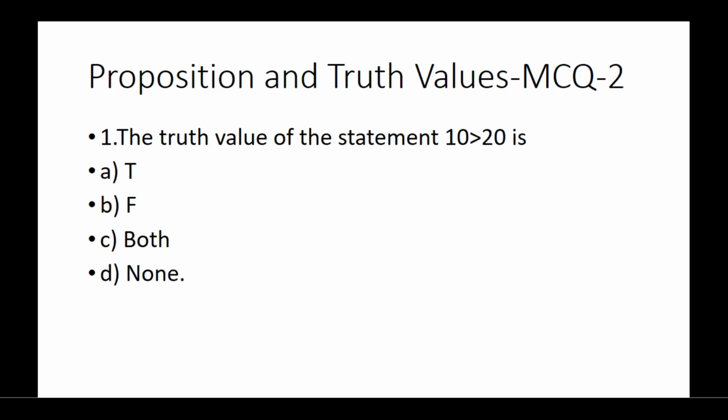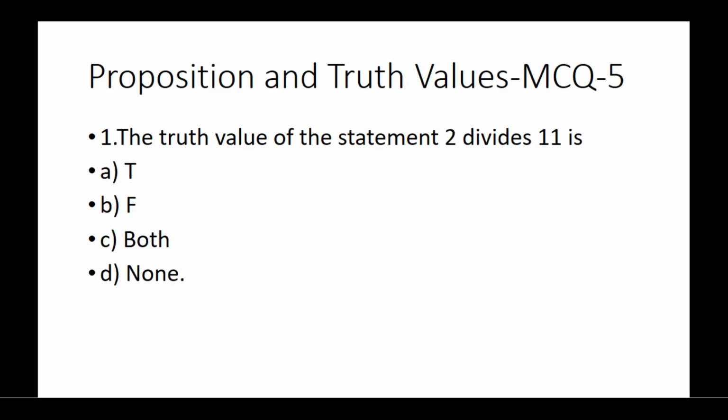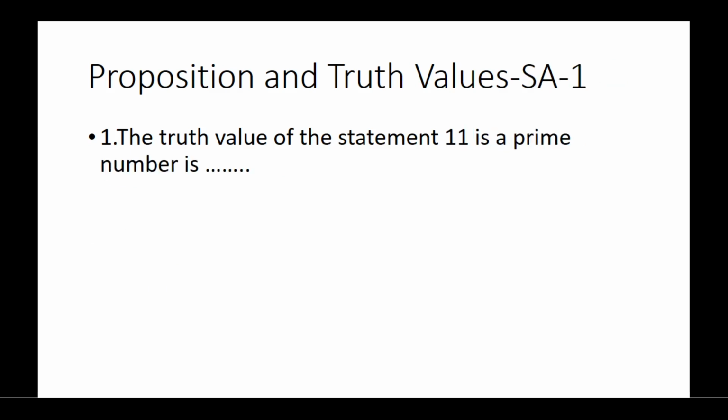The truth value of the statement 10 is greater than 20 is false, F. The truth value of the statement 100 is less than 120 is a true statement. 2 divides 11, it's a false statement and its truth value is F. So the truth value of the statement 11 is a prime number is T, true. A composite number, it is true.